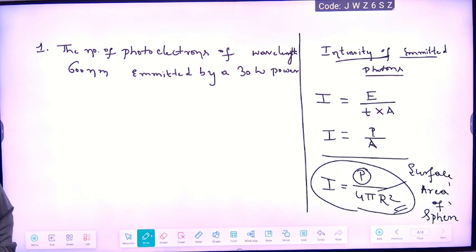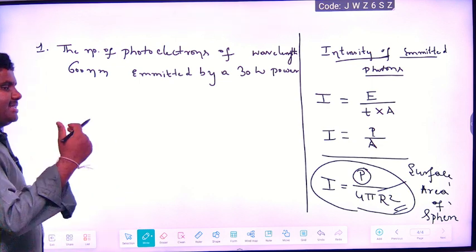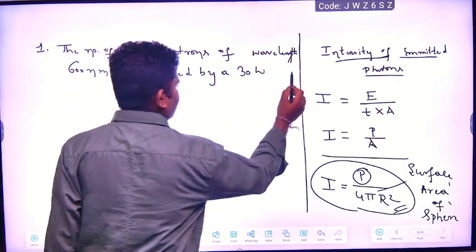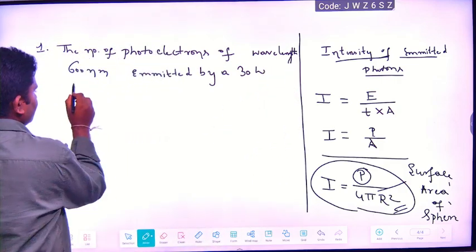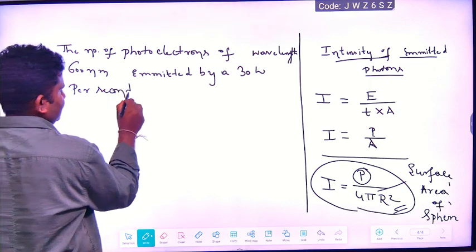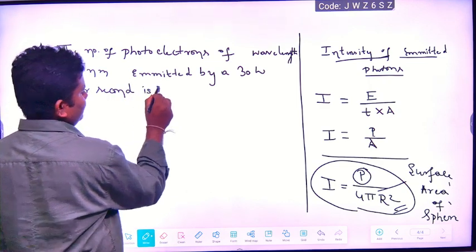Okay, 30 watt power means it is 30 watt per second. You can also write 30 watt per second. Is, question mark, how much?